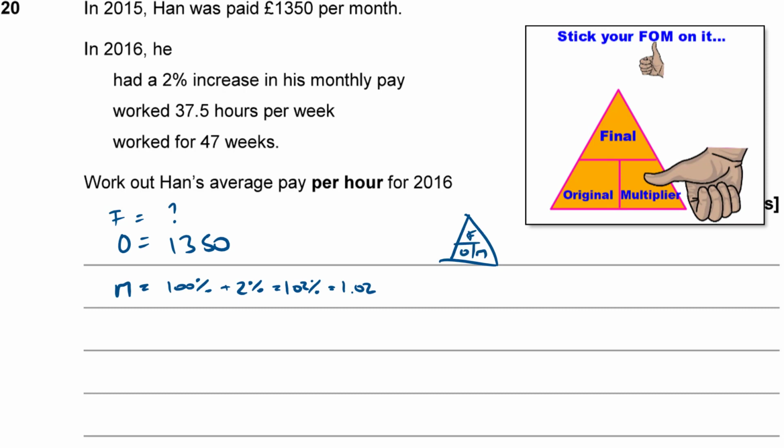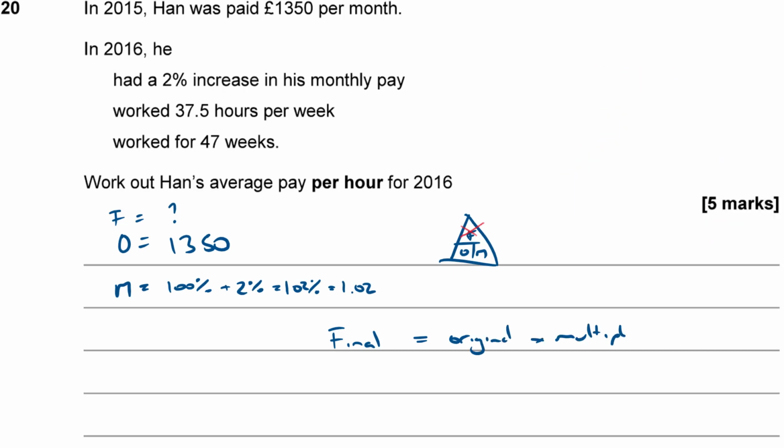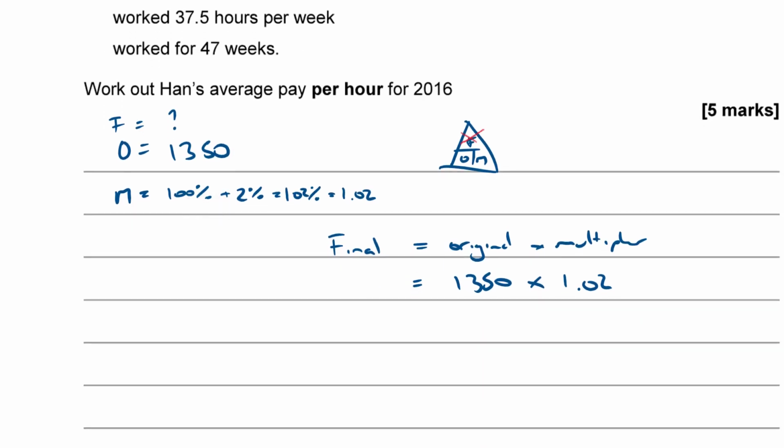Final, original, multiplier. So, covering up the thing I want to find, the F, my final is equal to original times multiplier. In other words, I need to take 1350 and multiply it by 1.02 to find the monthly amount.